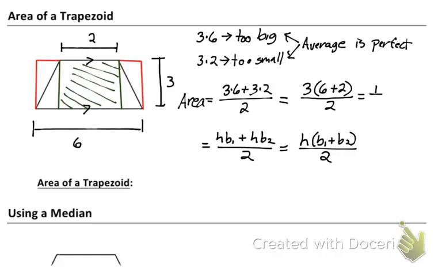So I could rewrite this as 1/2 times 3 times 6 plus 2, which would just be 1/2 our height times base 1 plus base 2.